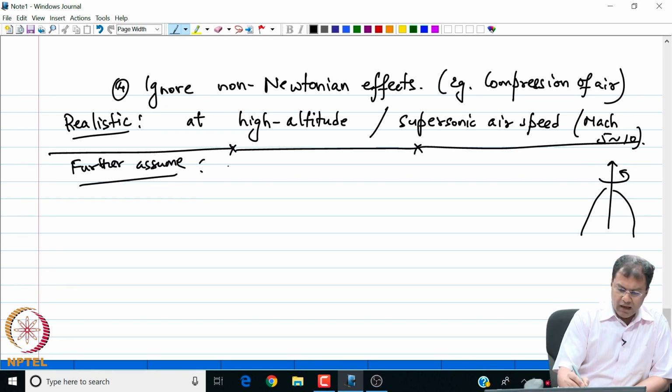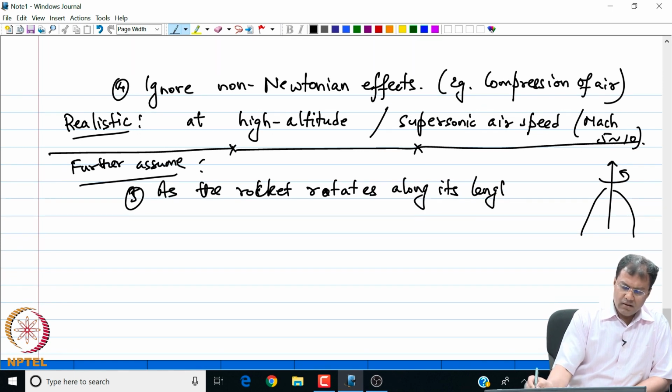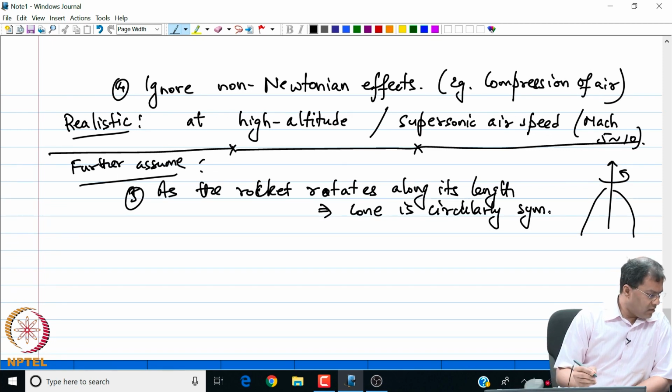So as the rocket rotates along its length, it implies that the cone is circularly symmetric.